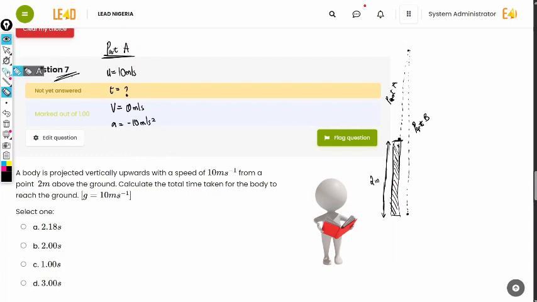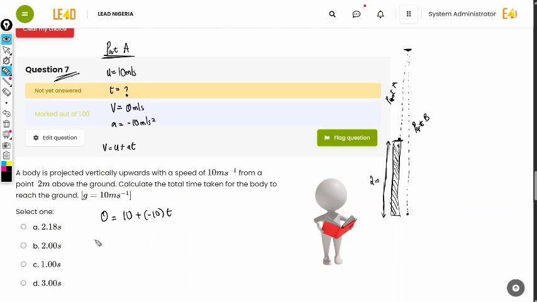So to get our time, we can use v is equal to u plus at, the first of the equations of motion. We are just doing part A now, just to get the time from here until when it gets to the maximum height. So we'd have 0 is equal to 10 plus minus 10 times t.